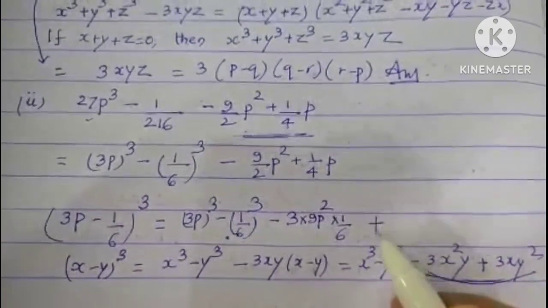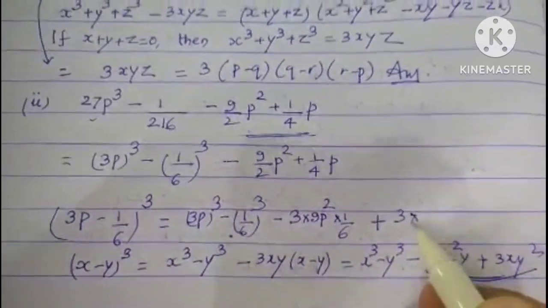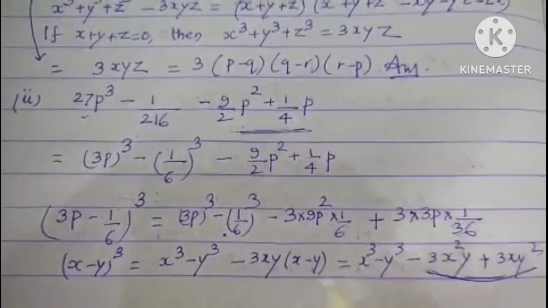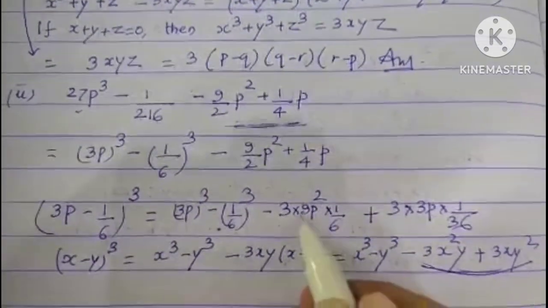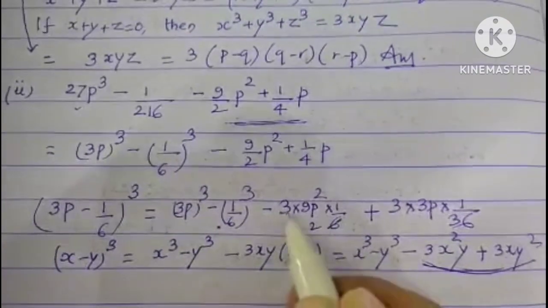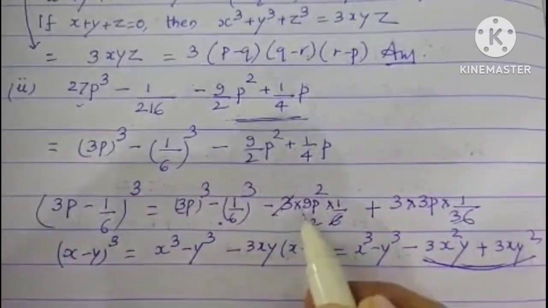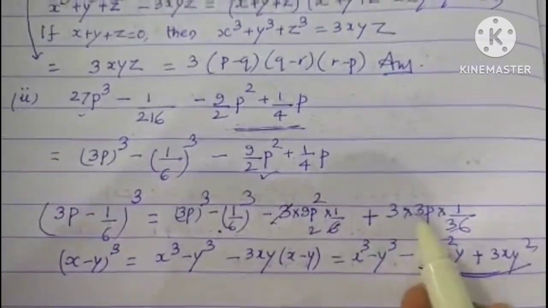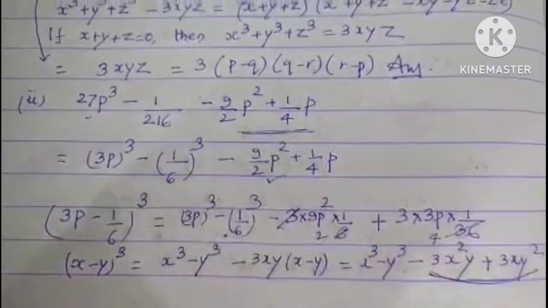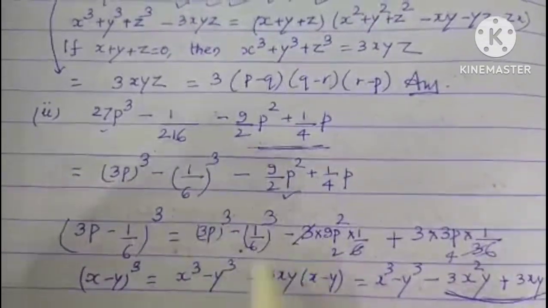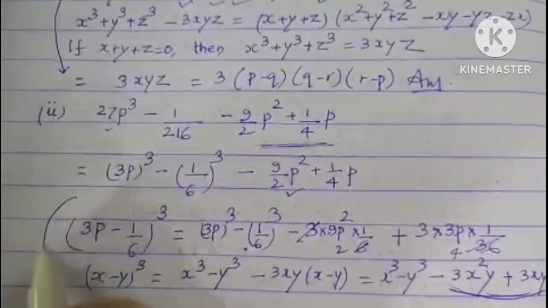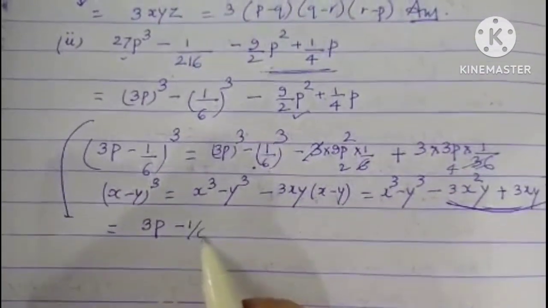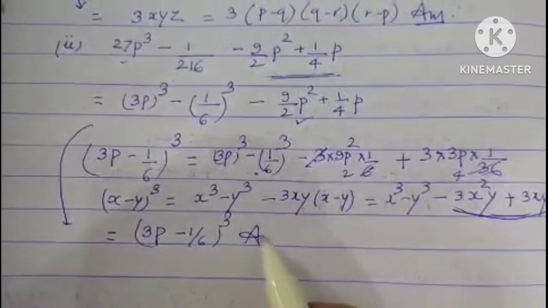Then plus 3xy square, where x is 3p and y square means 1 by 36. So when you do this, 3 into 2 is 6, so it will become minus 9 by 2 p square, and 3 into 3 is 9, so 9 by 36 is 1 by 4, giving 1 by 4 p. So basically this is of the form of this. Now you can write this is equal to 3p minus 1 by 6 whole cube. This is our answer.